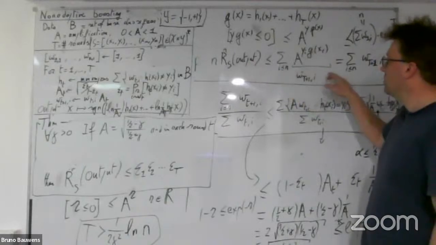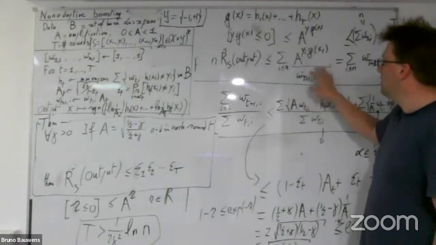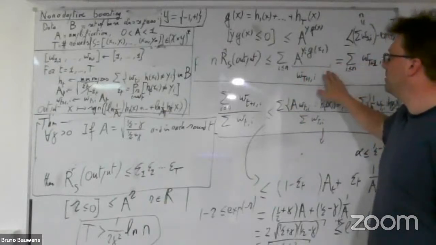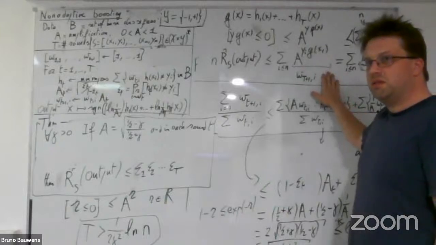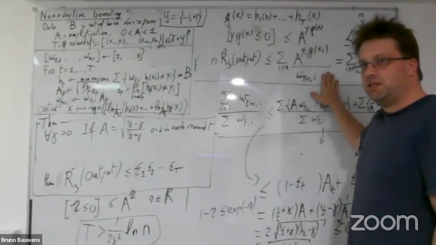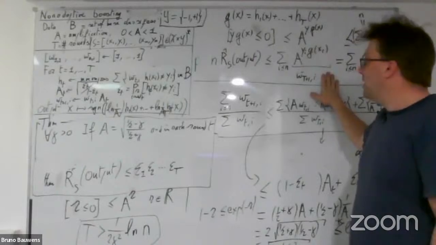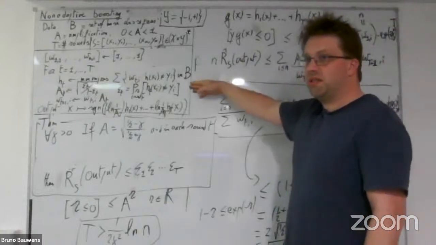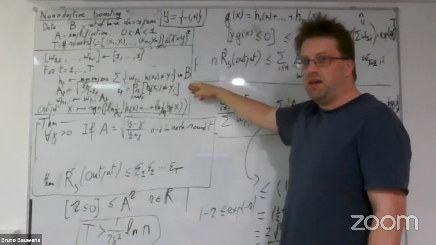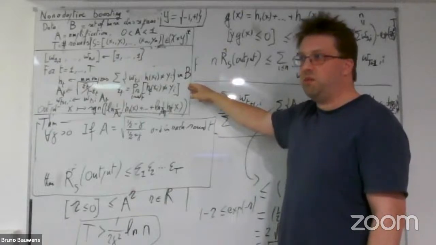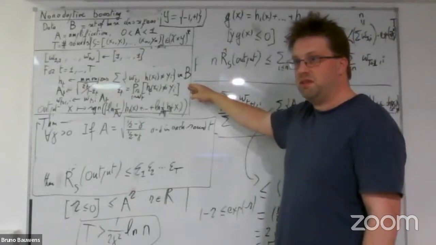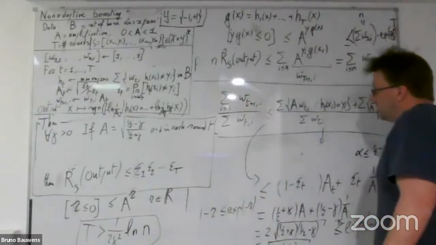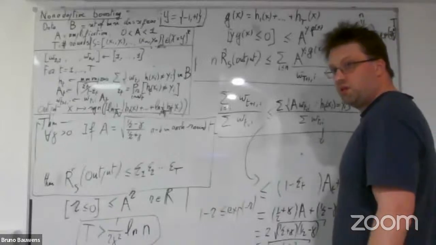Coordinate descent is just a simple algorithm for convex optimization. And if you apply coordinate descent, you get exactly this boosting algorithm. So I will now say what coordinate descent is and why it's exactly the same. But maybe if you have a course on convex optimization, maybe it's already there. I don't know.